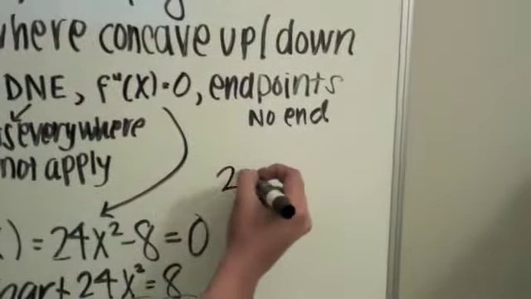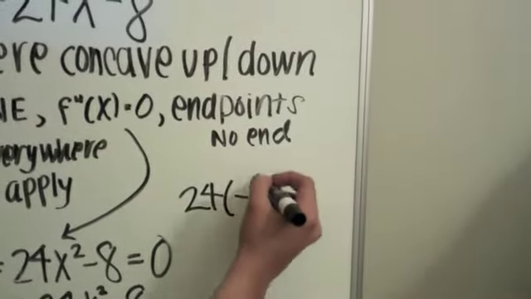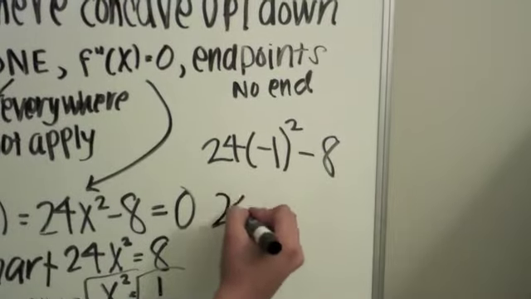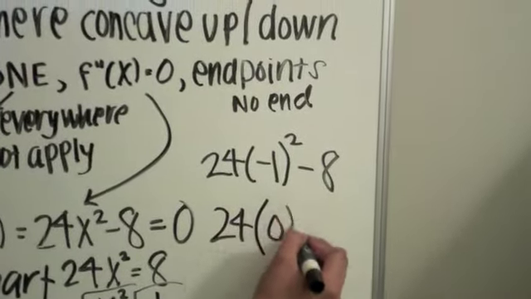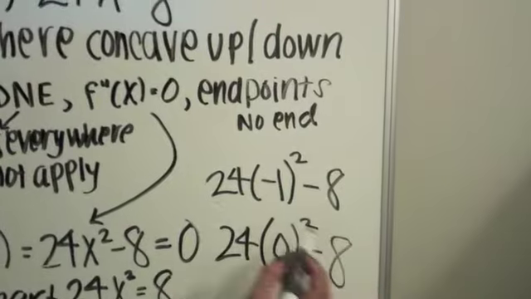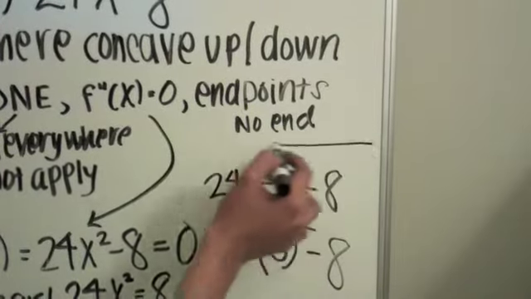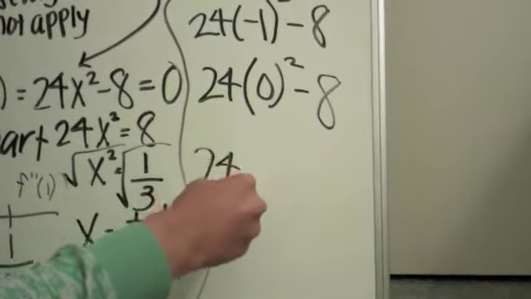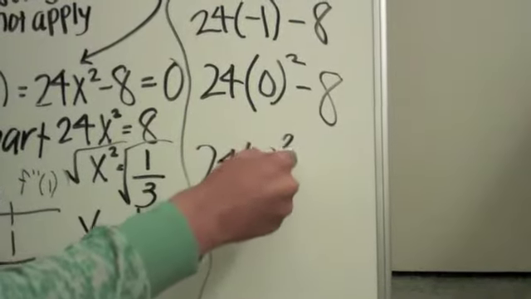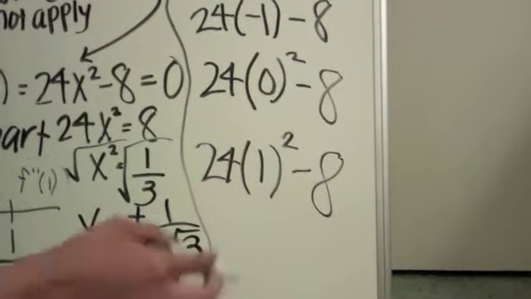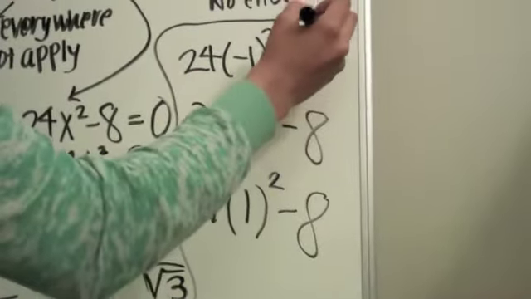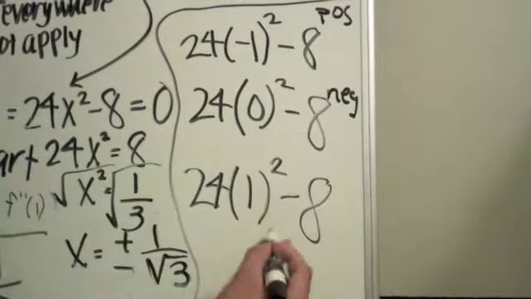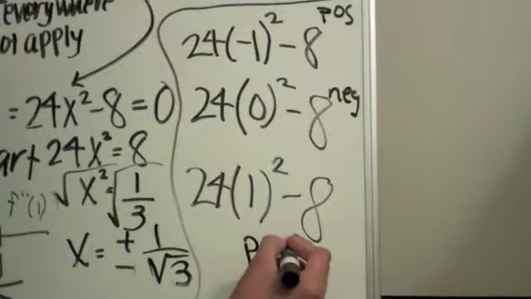And then we're going to plug it into the second derivative, so 24 times negative 1 squared minus 8, and 24 times 0 squared minus 8, and I'll just separate this, and 24 times 1 squared minus 8, and we're going to figure out that the first one is positive, the second one is negative, and the last one is positive.